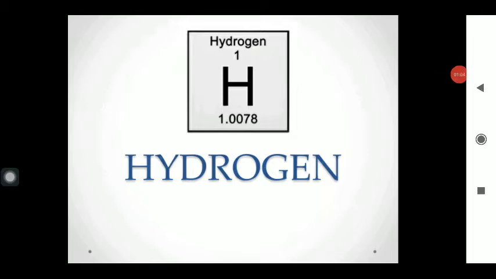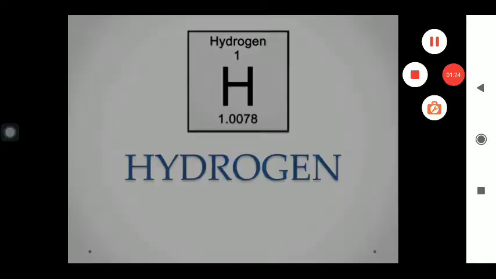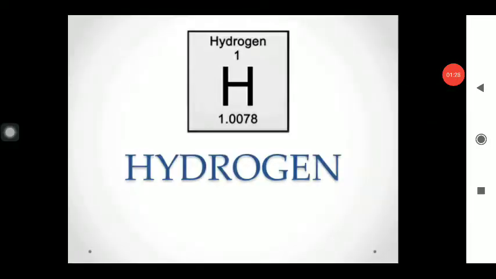Now I'm going to start the unit hydrogen. The symbol of hydrogen is H, the atomic mass is 1.0078 and the atomic number is 1. In this way, hydrogen is the only element which has only one proton in its nucleus and only one electron in its outermost shell.